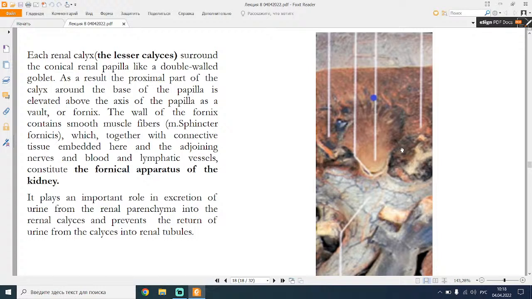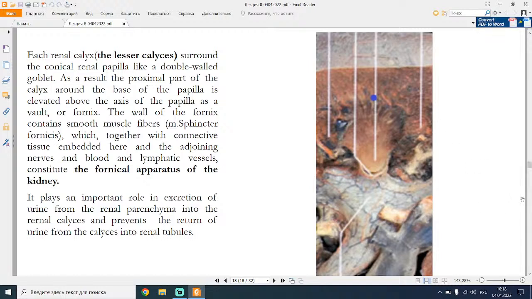which together with connective tissue embedded here and the adjoining nerves and blood and lymphatic vessels constitute the forniceal apparatus of the kidney.